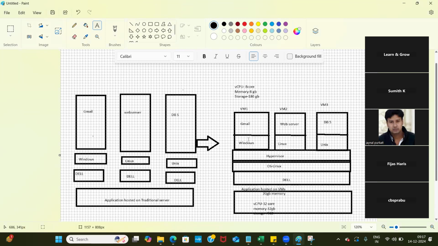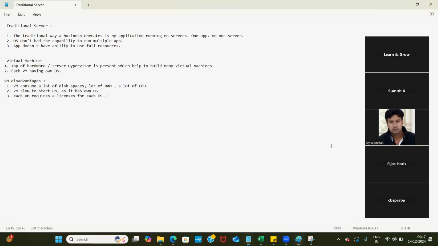So each VM has a different operating system, and each operating system requires a license. Even if three VMs have Windows, you still require three Windows licenses. I hope it is clear now. So that is the point we have here.